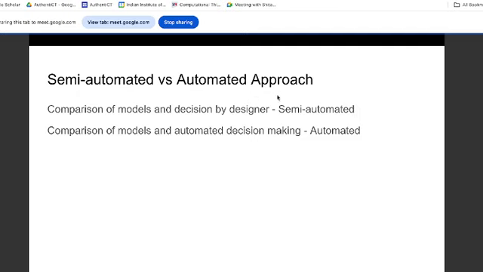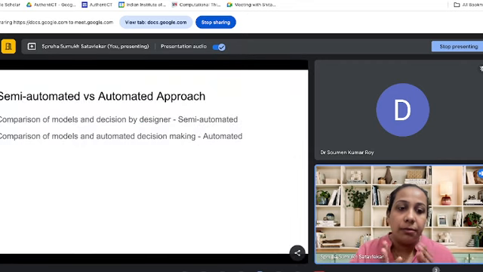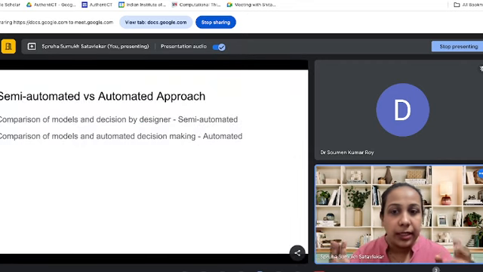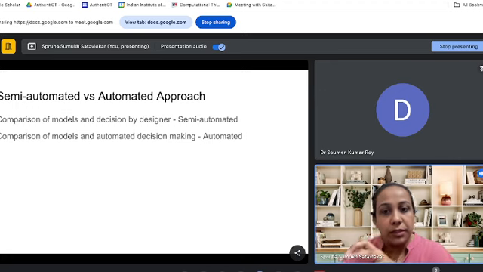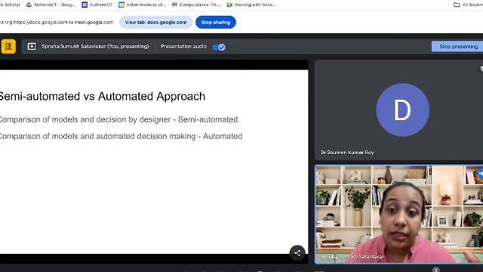So what happens in the semi-automated one is that the comparison of different model parameters and the decision is taken by the designer. Many models are created, and then the designer finally takes the choice whether to go for a model which gives us a lower time, or a model that is lower in speed, so it takes more time, but it is more accurate.